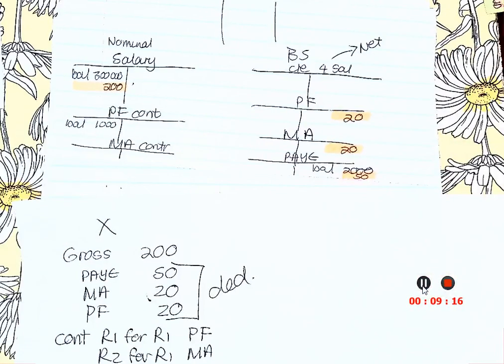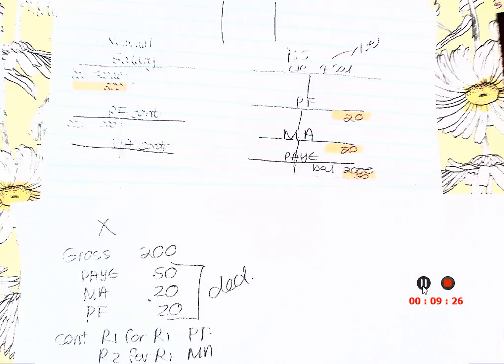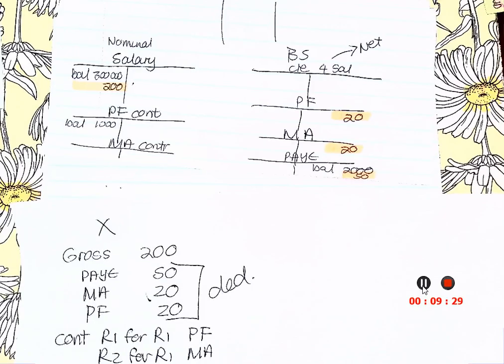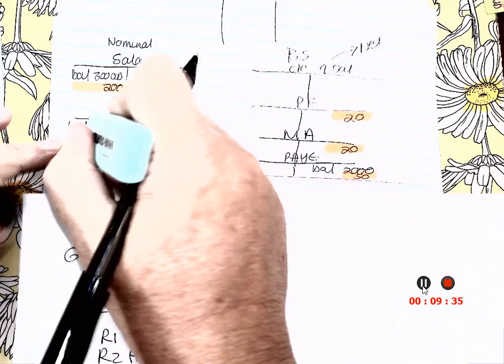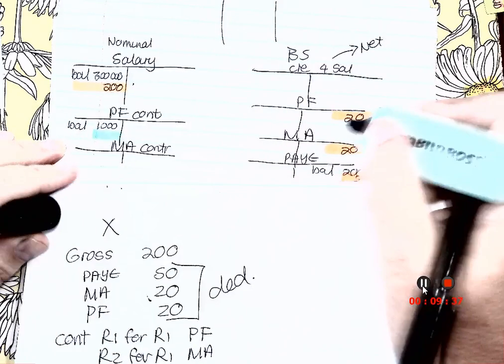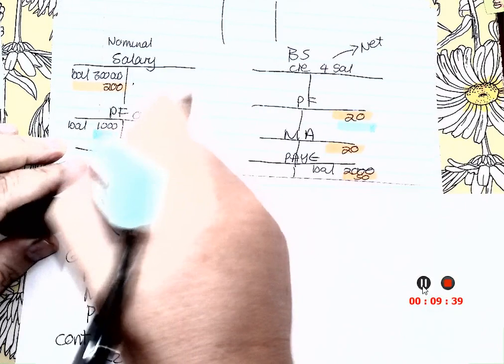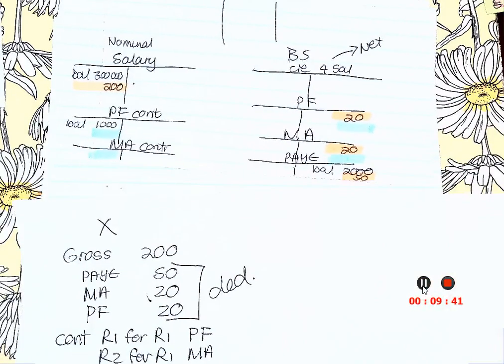You guys with me? But it's not just that which is not recorded. The contributions are not recorded as well. Now the contribution makes the fund more, because it all goes to the same fund.